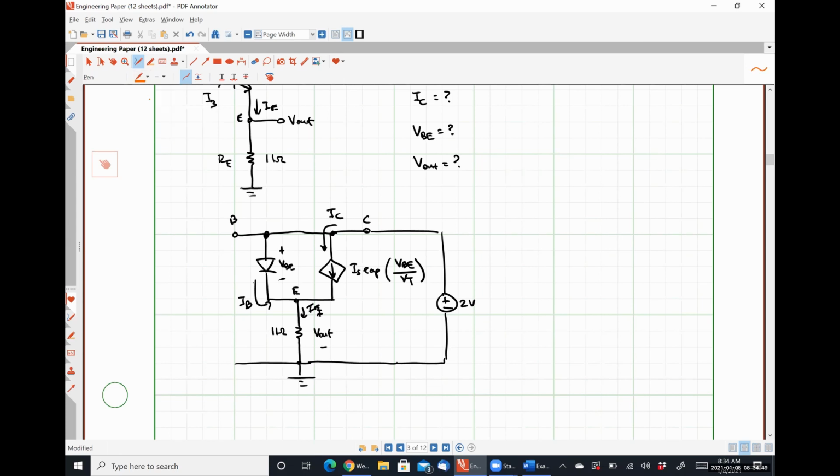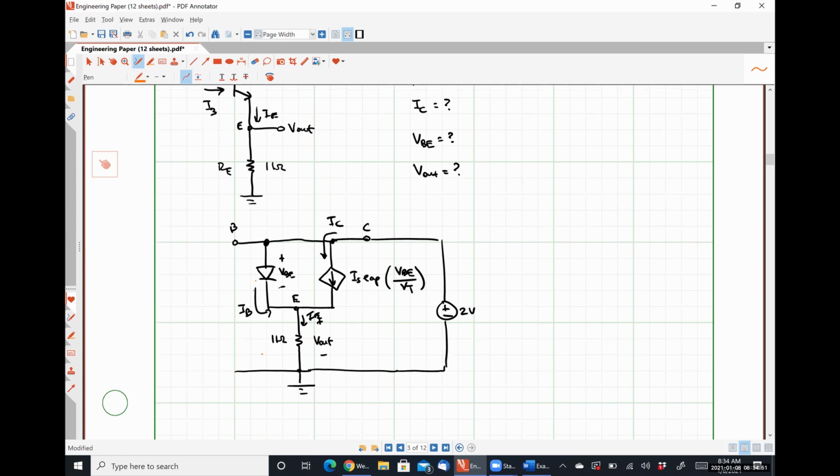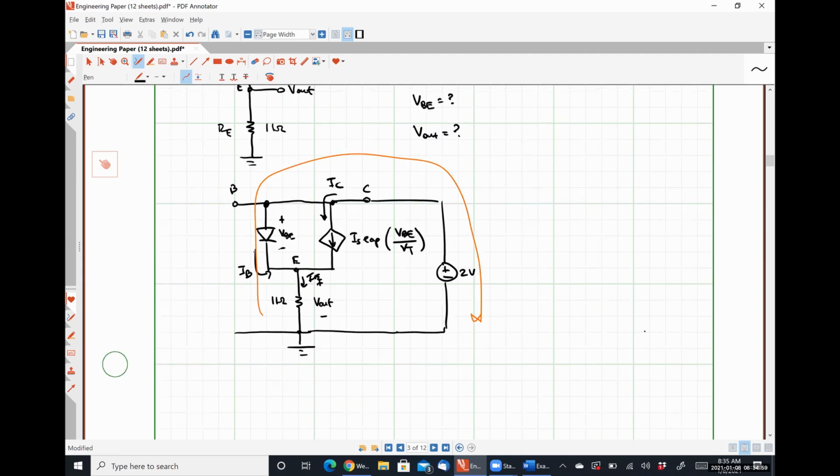So what if we did Kirchhoff's voltage law around the outside? We would have negative V out minus VBE plus 2 volts is equal to 0.